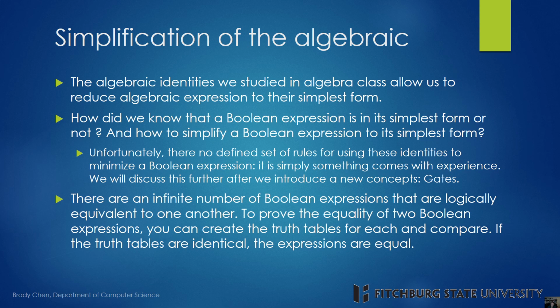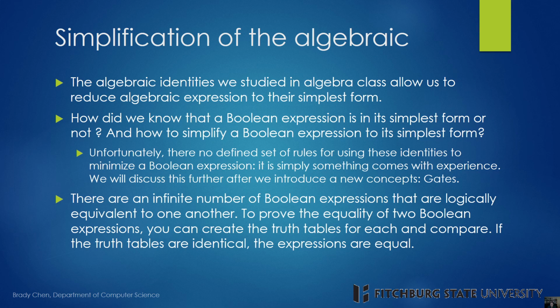In module 1, we talked about how to prove that two Boolean expressions are basically the same. We use the proof techniques, right? Now there are infinitely many of them.